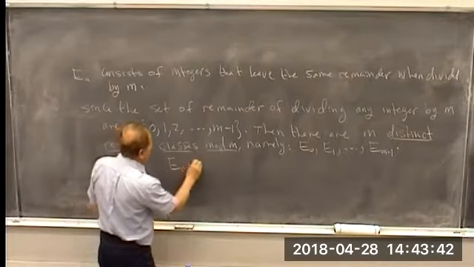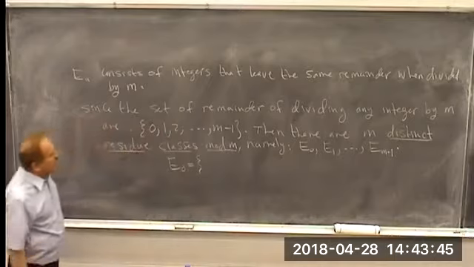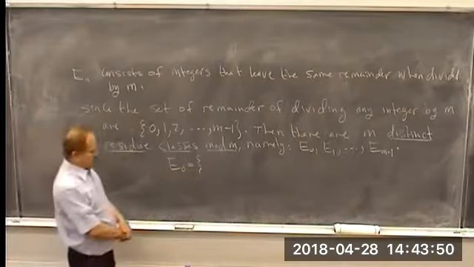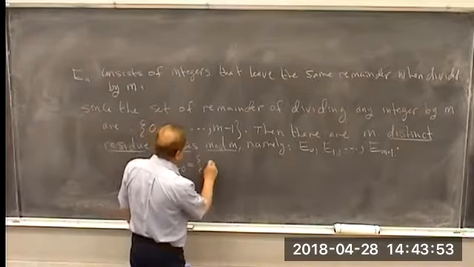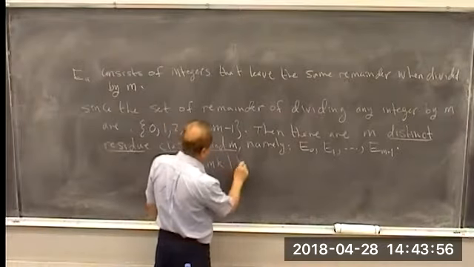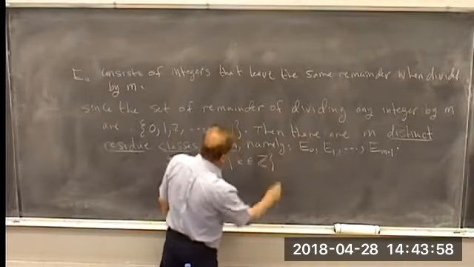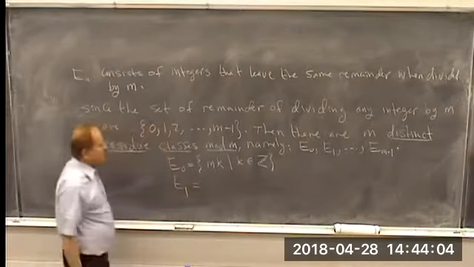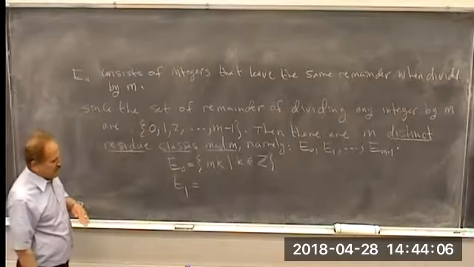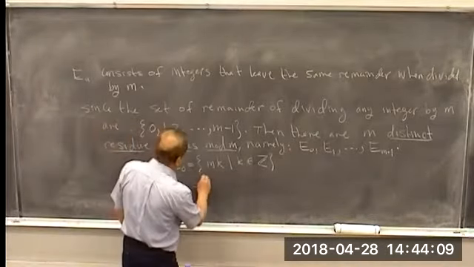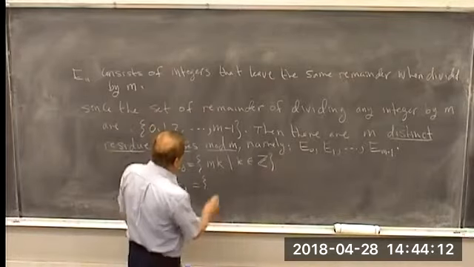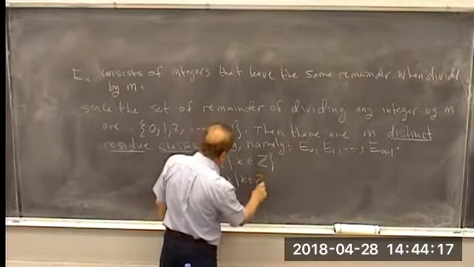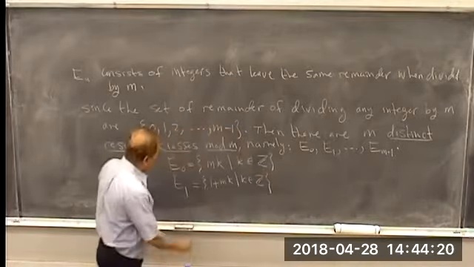So E sub 0 is all the integers that leave 0 when divided by m, right? So this is going to be mk, such that k is in Z. Then E1 are the integers that leave a remainder of 1 when divided by m, and by the division algorithm this is going to be 1 plus mk, such that k is in Z. And so on.